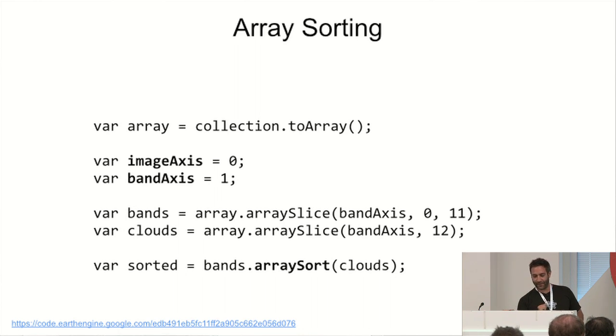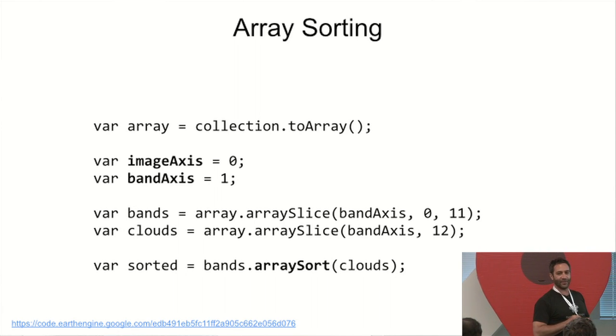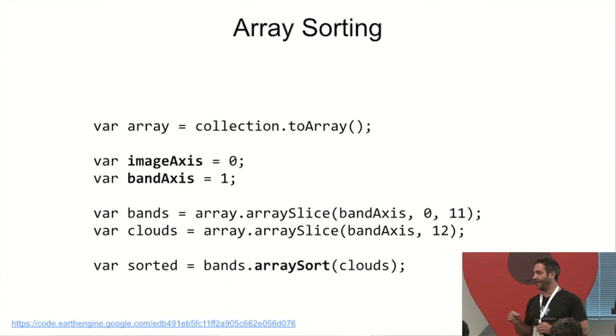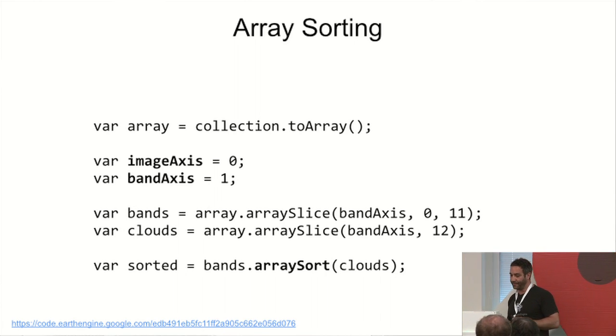Now let's say that we have added a cloud score band to each image in this collection, which is what you get when you map a function over the collection that has simple cloud score in it. It appends that cloud band at the end.